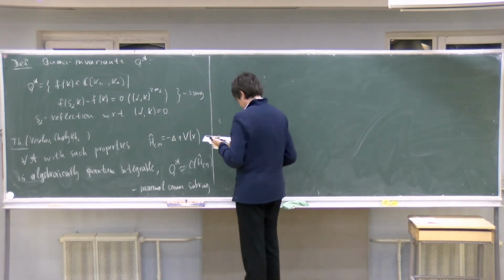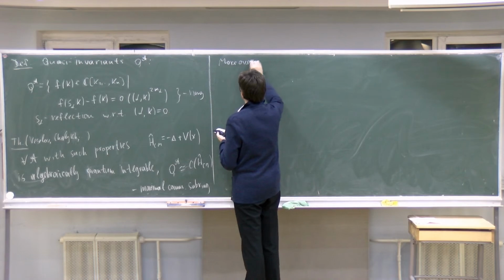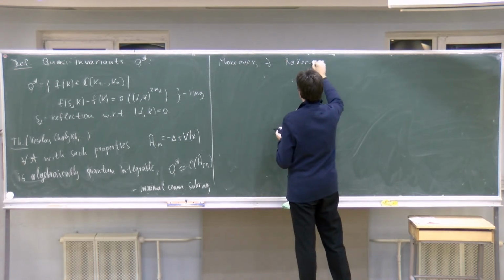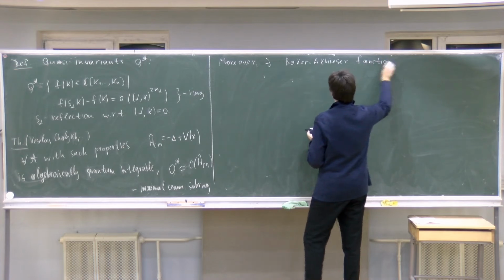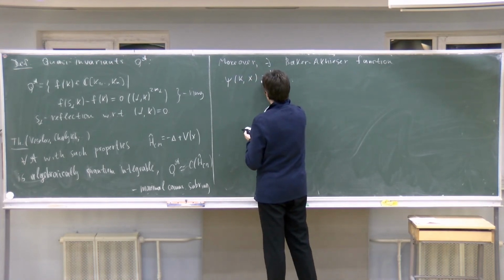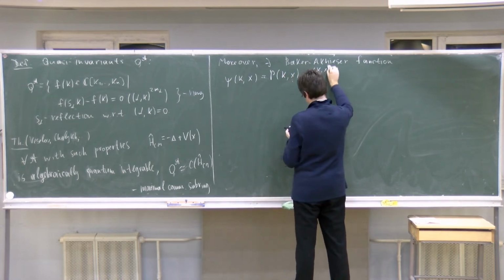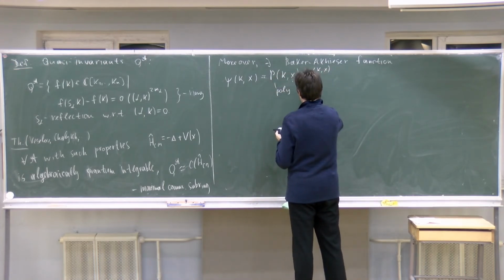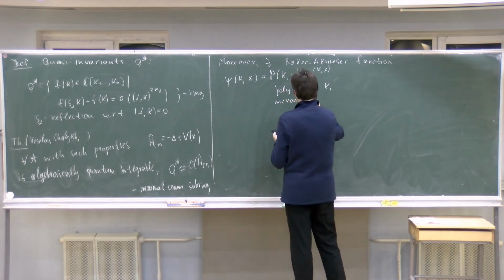And moreover, there exists a function, the so-called Baker-Akhiezer function, psi, which depends on k and on x, which is written in the form p of k, x, e to the power kx, where p is a polynomial with respect to k and which is meromorphic with respect to x.